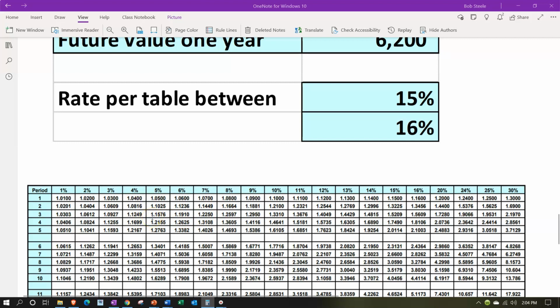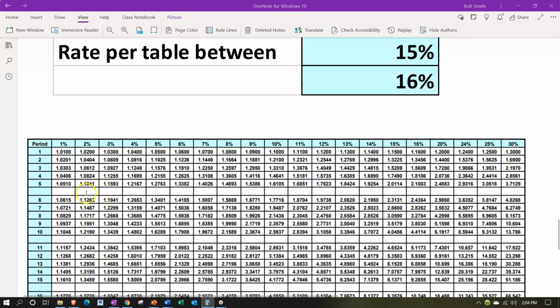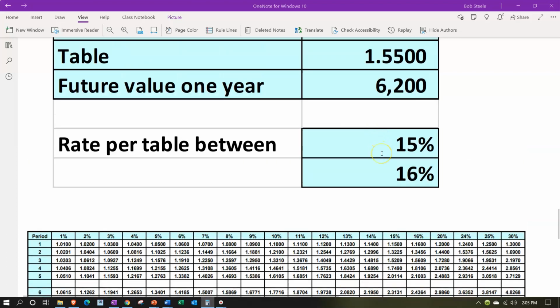That's not right. I want to get to 1.55. So I'm going all the way out here. 1.55 is here. So 1.529 and 1.5609, it's between 15 and 16%.